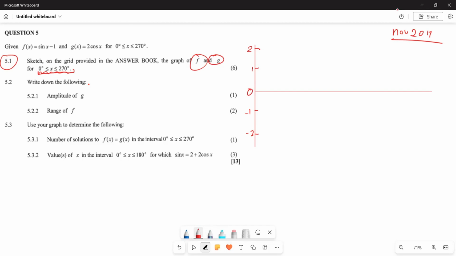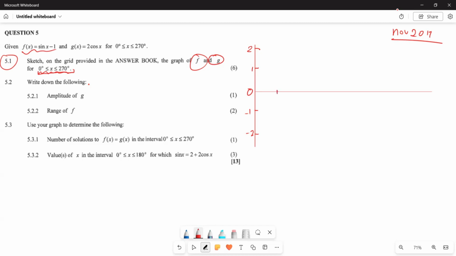Now what is it that you are going to do firstly? The first important thing is to make a scale, so that we can see all our points. Let's use a scale of 30.